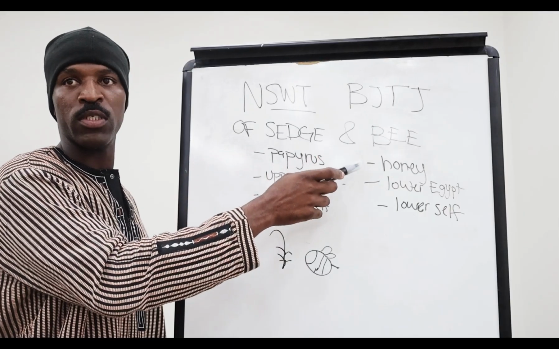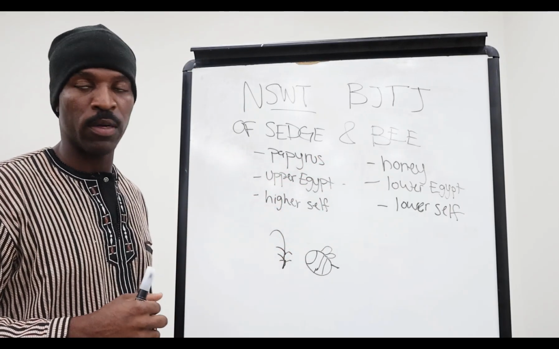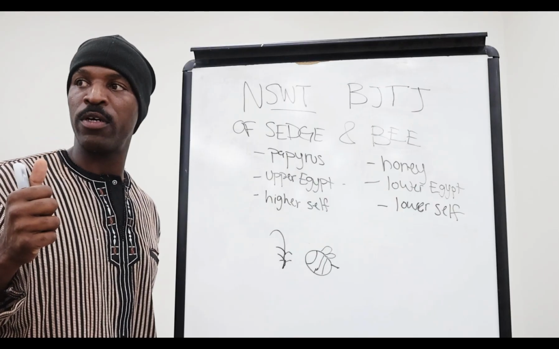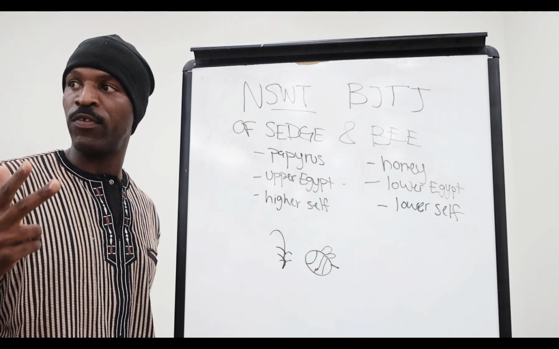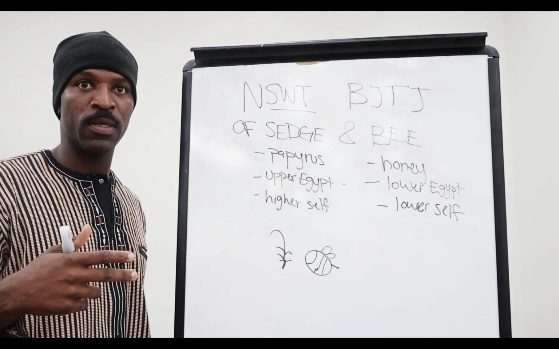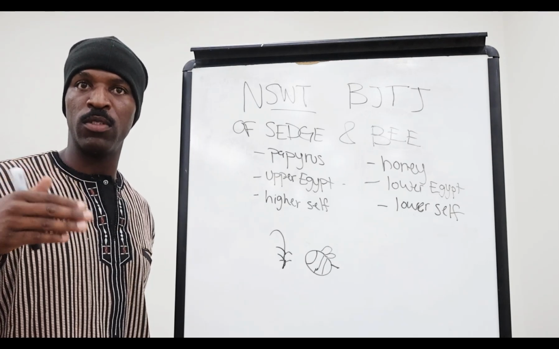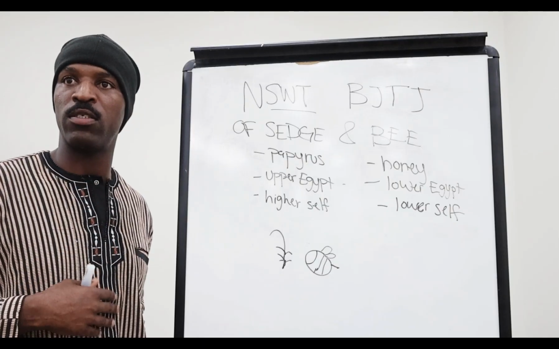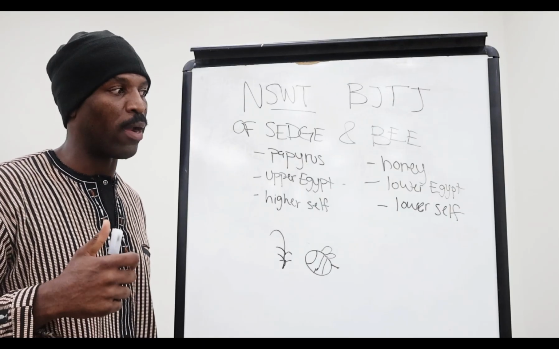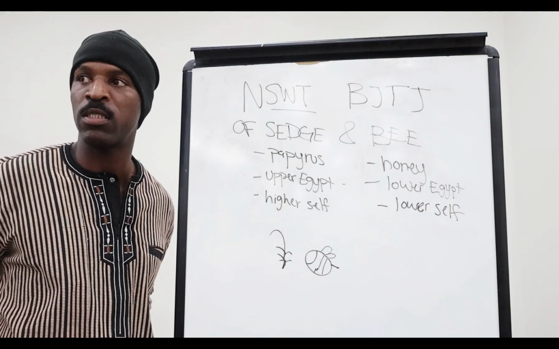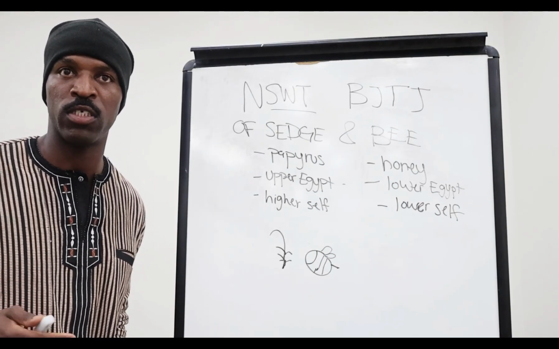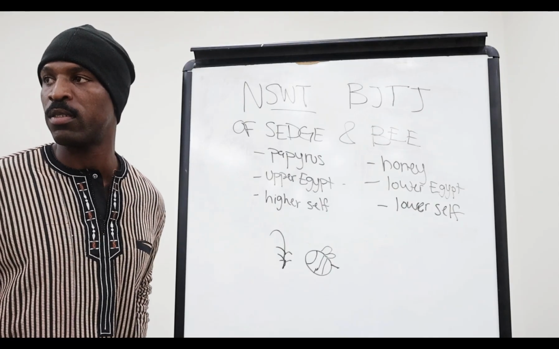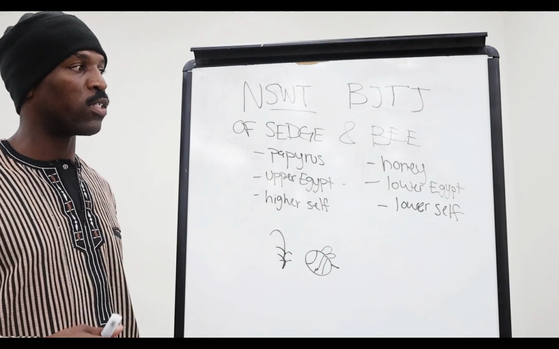The bee, which was associated with honey, was associated with power, sex, and the gut, food, like your urges, right? So when you master your sexual desires, you master your desire to consume, and you also master power, because the biggest muscles in your body are your gluteus maximus. That's the largest muscle in your body, and along with your legs, that gives you your power. So that's the lower self.